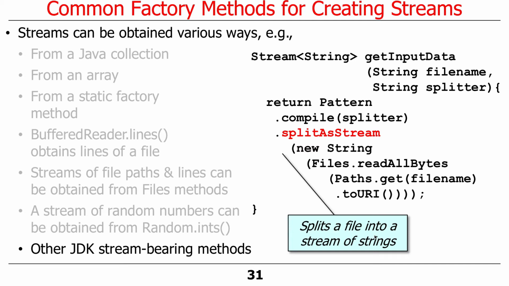So I have a giant file with a bunch of @ signs separating the works of Shakespeare. And so I simply do something like this. I take all the works of Shakespeare as one giant byte stream, as a string, and then I split it by the @ sign, and voila, I have a stream of strings where every string is a work of Shakespeare. So just illustrating how that could be used.